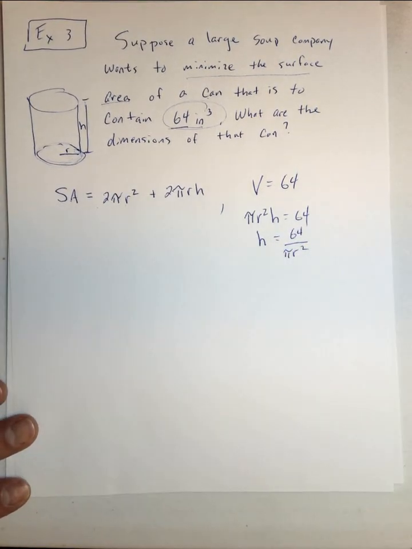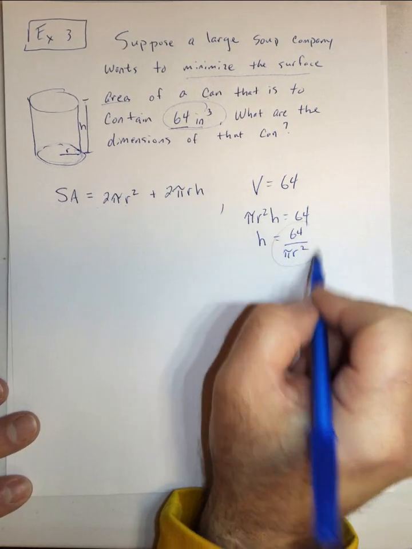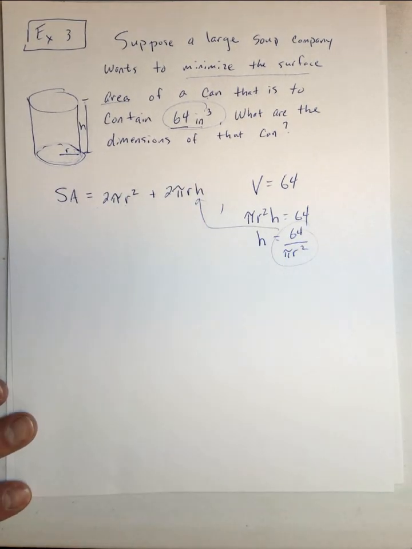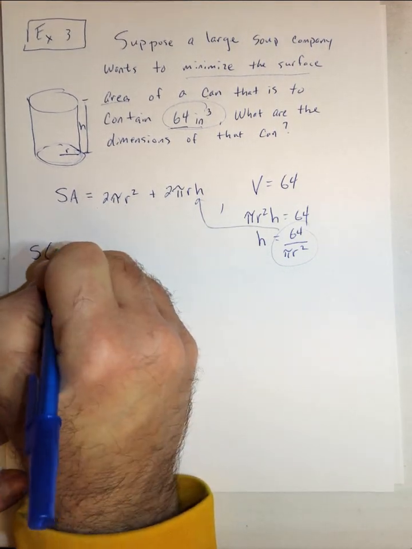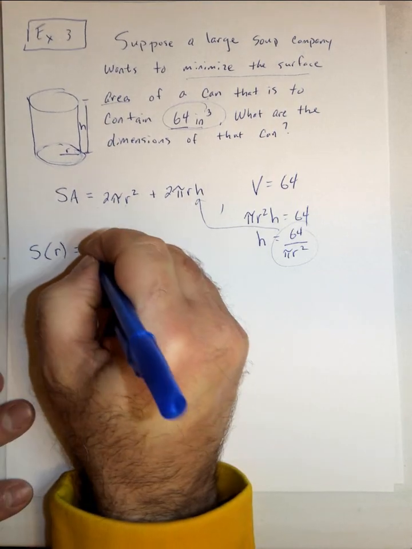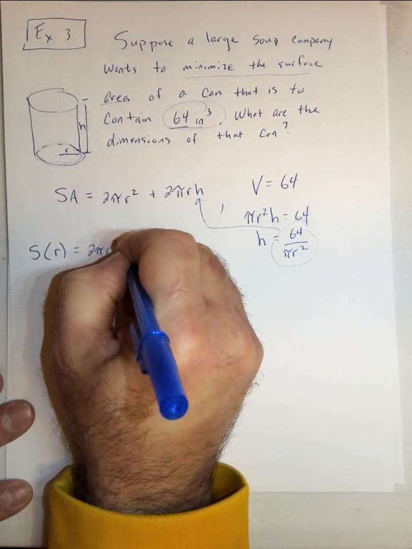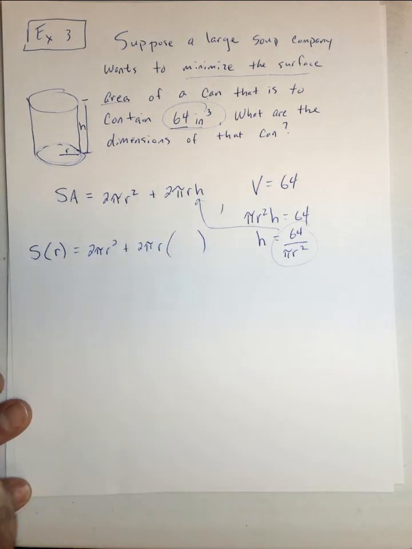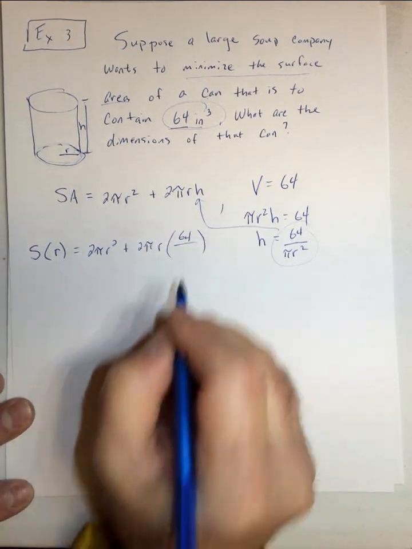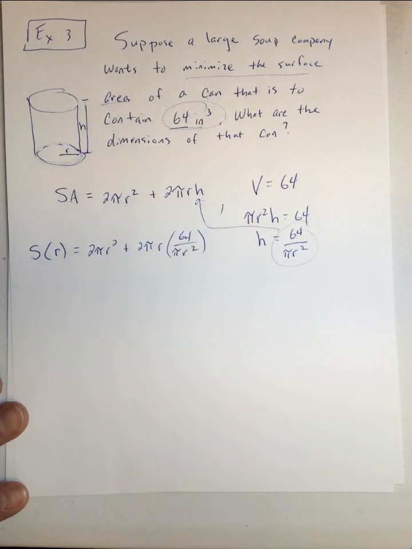So I solve for h in terms of r, and then I'm going to plug it in. What that does is give me a function for the surface area in terms of r. So it becomes 2 pi r squared plus 2 pi r, and then h is 64 over pi r squared.